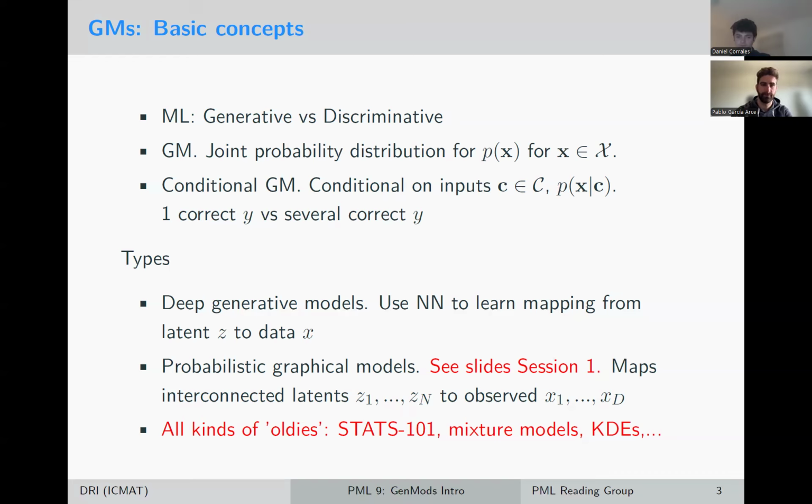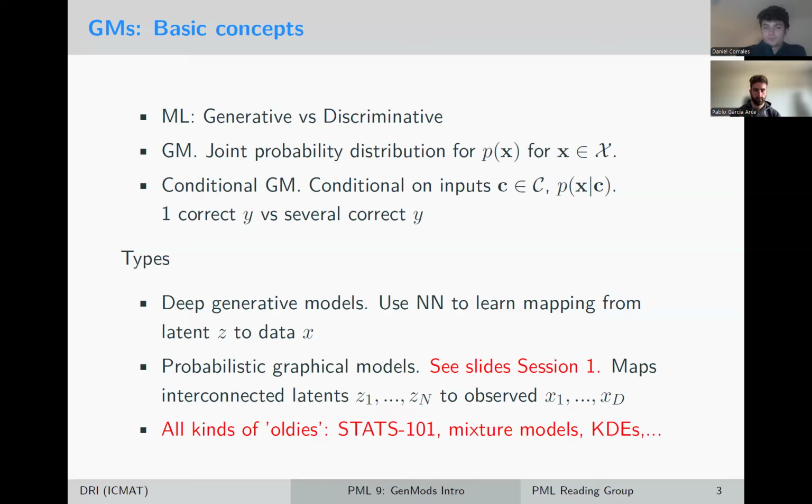There are several types of generative models. We shall be talking today and the next 3 days about what are called deep generative models. Basically, these are generative models which use a neural network to learn a map from the latent variable set to the data X. So deep neural networks are the key tool to learn the distribution which is of interest.